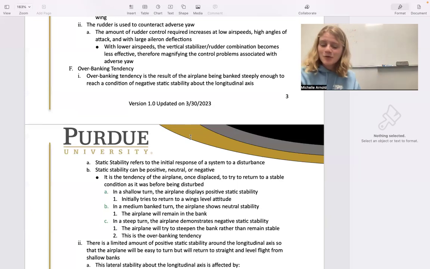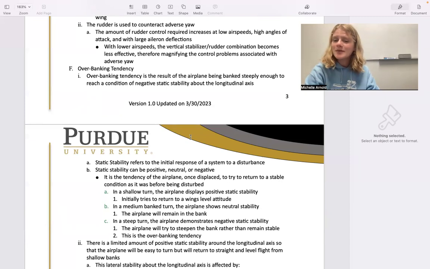So positive static stability, your plane is going to have the tendency to go back to its original position.